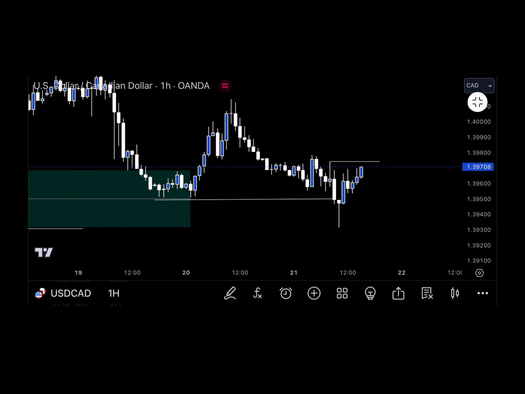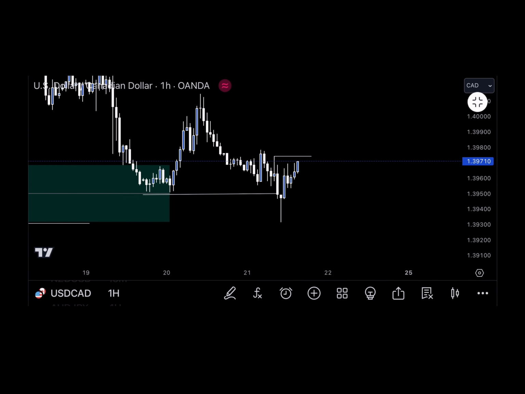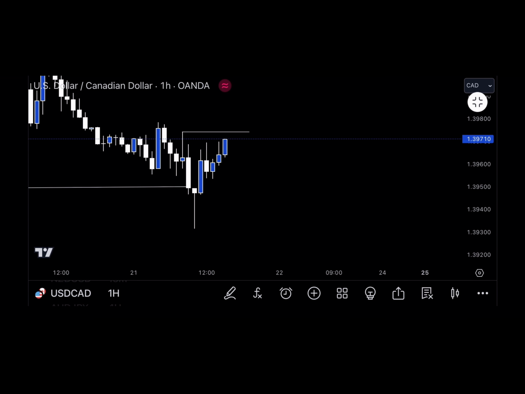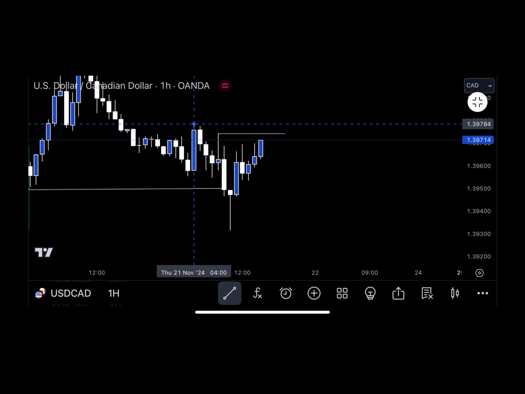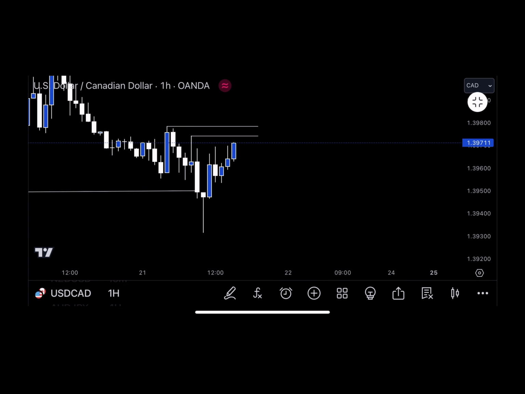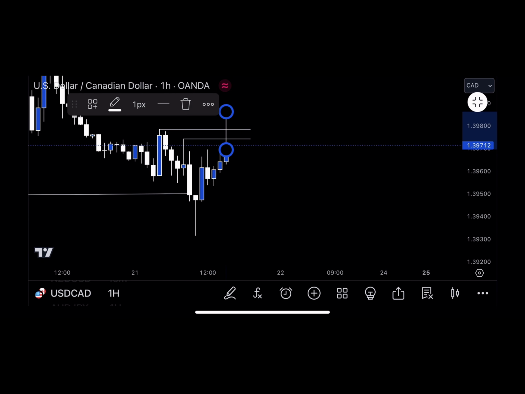To make the confirmation stronger, you can also wait for the market to close up here before retracing back.